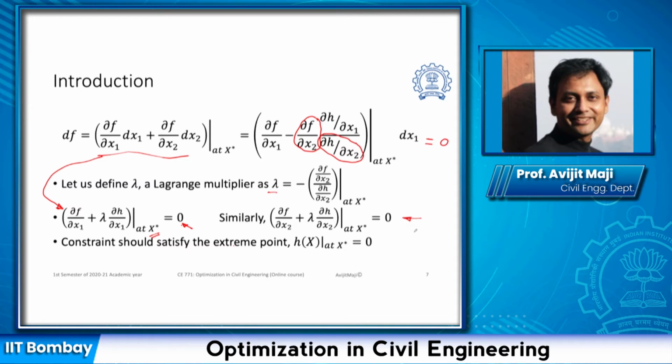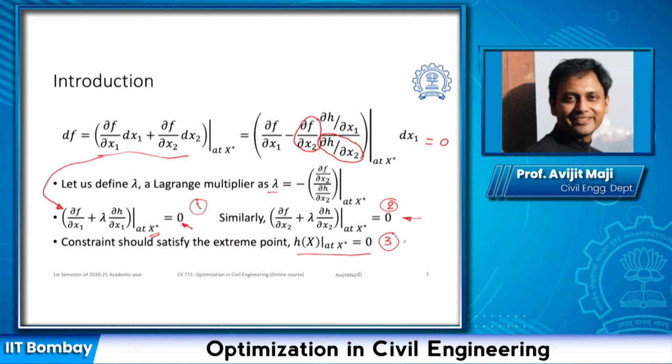And of course, at the extreme point, we know that the constraint must satisfy the equality. So these three equations, number 1, number 2 and number 3, eventually become the necessary condition for the potential solution of the problem.